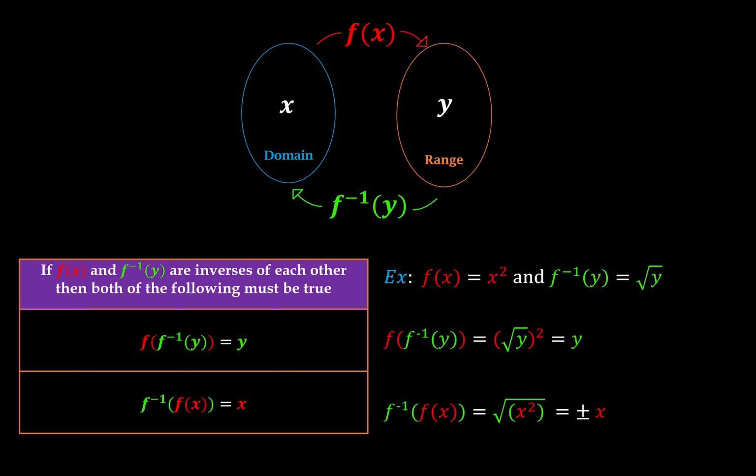Since only the first criteria is fulfilled, we say that the square root function is not the inverse of the quadratic function.